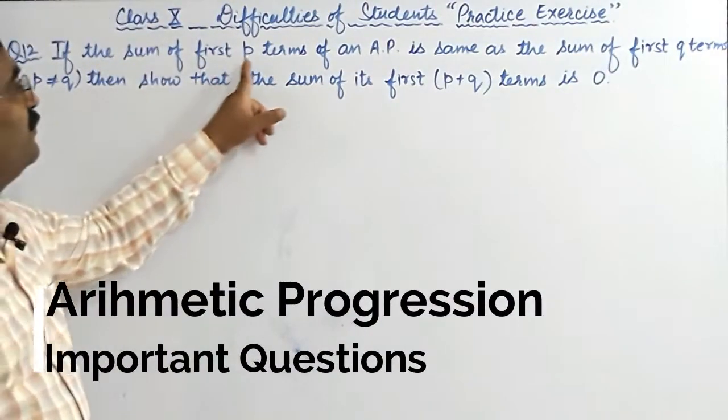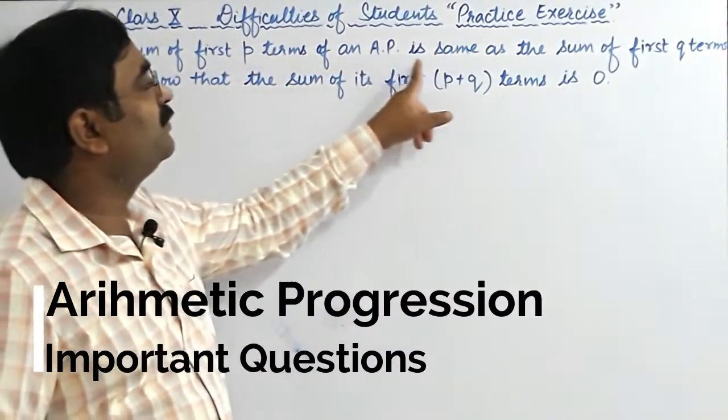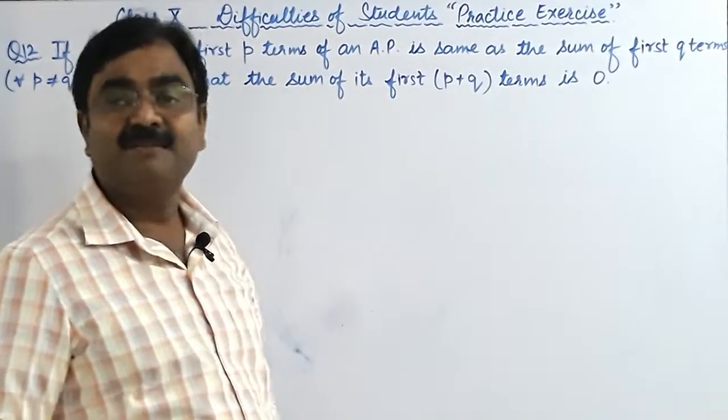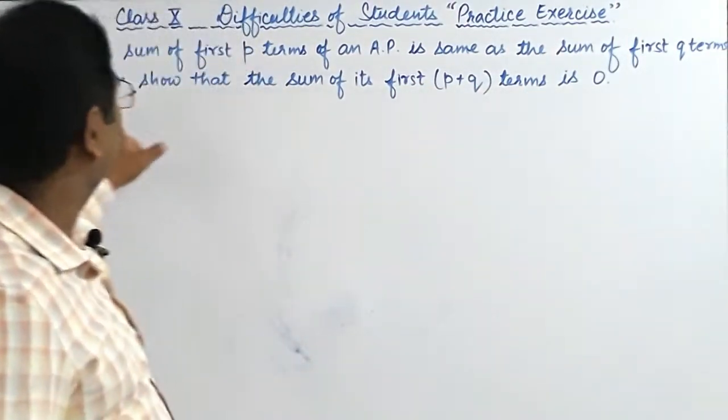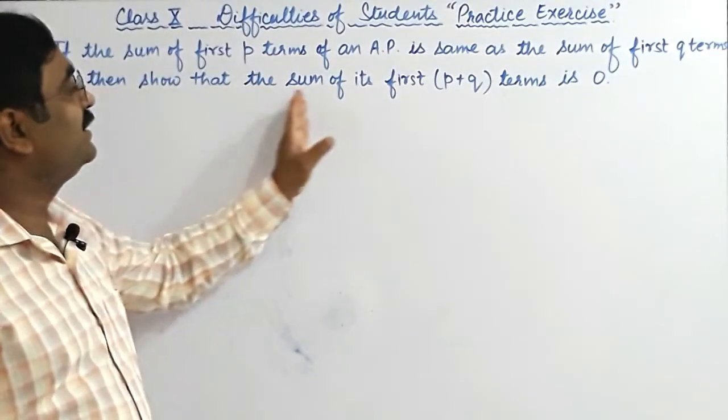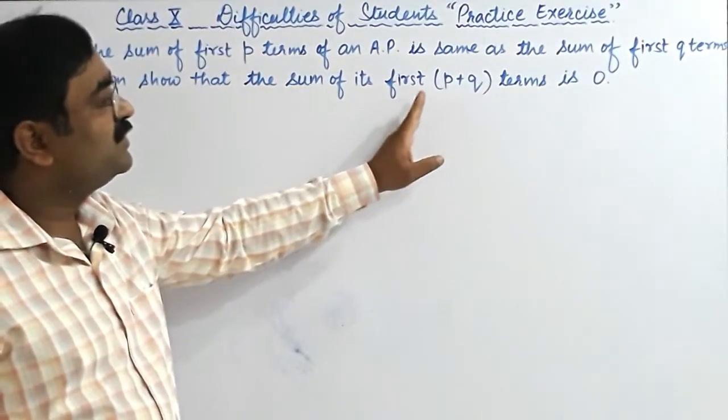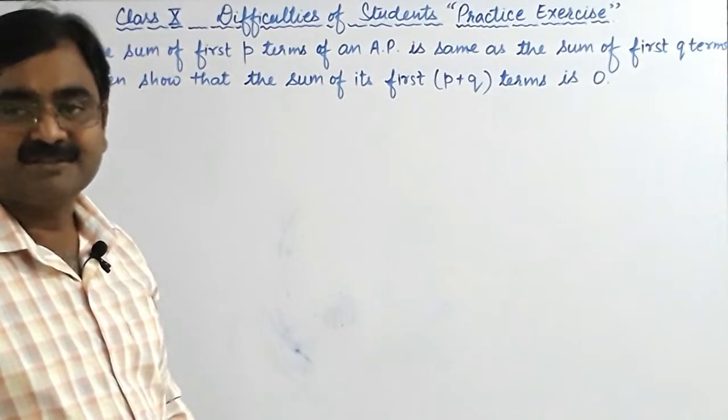If the sum of first p terms of an AP is equal to the sum of first q terms, then prove that the sum of its first p plus q terms is 0.